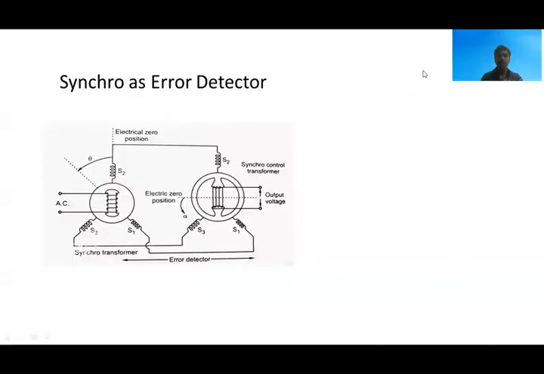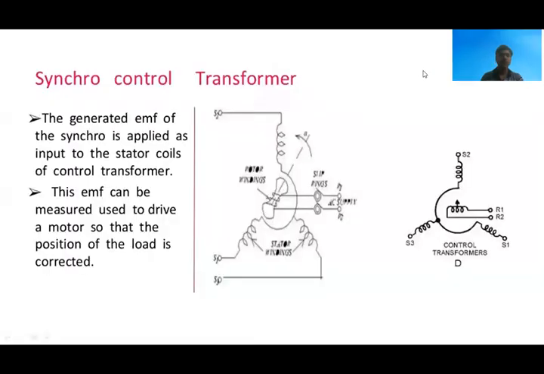The constructional features of the synchro control transformer are very similar to the synchro transmitter, but the difference is the rotor shape. The shape of the rotor here is cylindrical, so that the air gap is practically uniform.